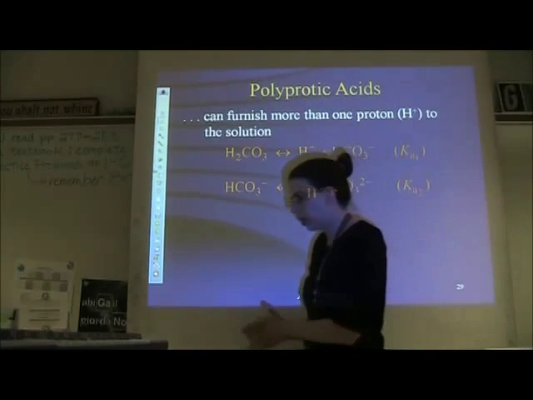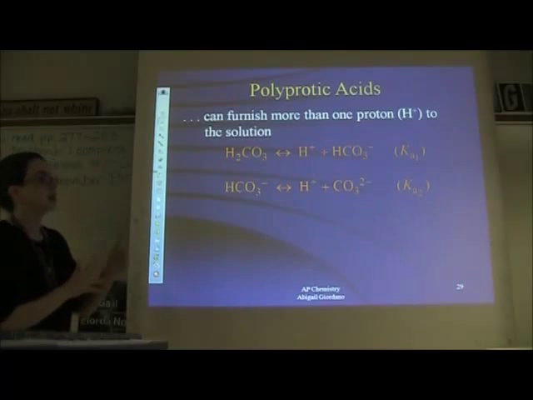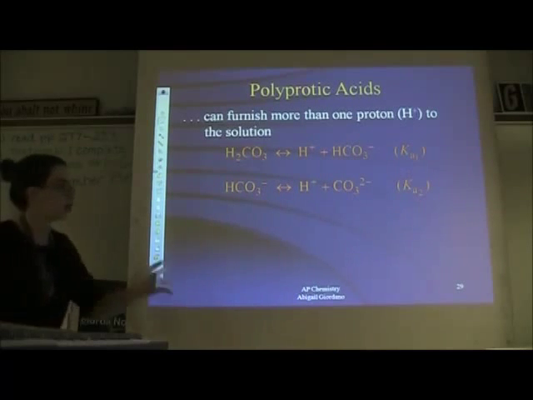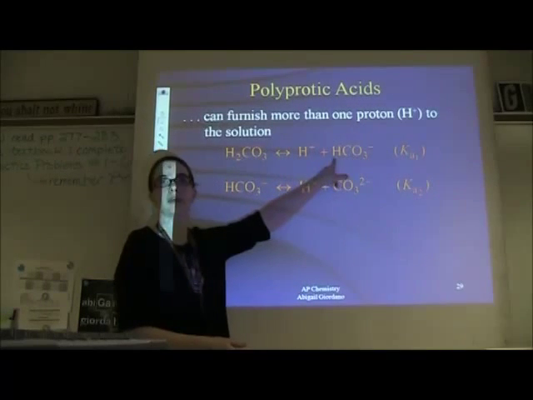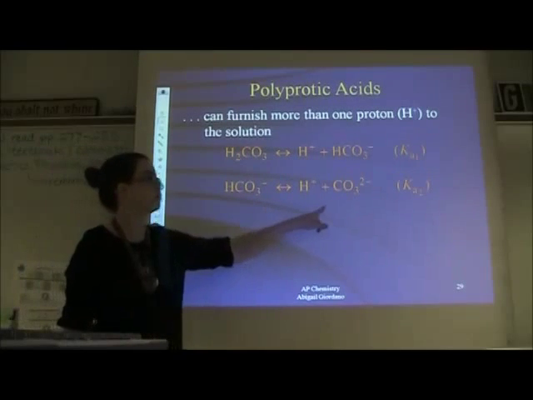Do you all remember the word? It was a vocabulary word, something that can act as an acid or a base. Amphoteric. Can you tell me what compound on this slide is amphoteric? HCO3 minus. This guy can give away a hydrogen.